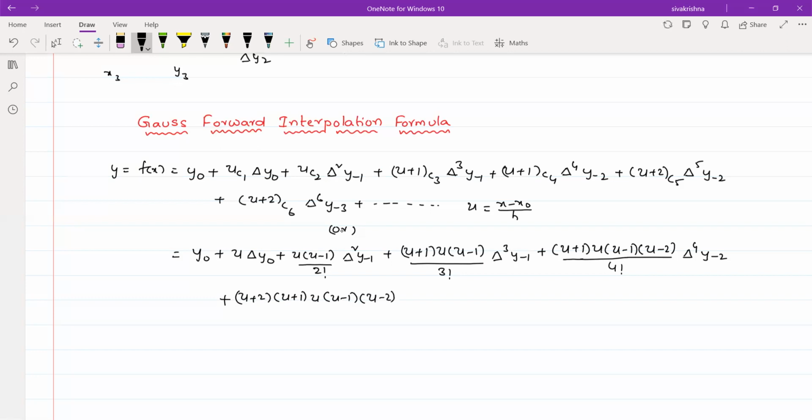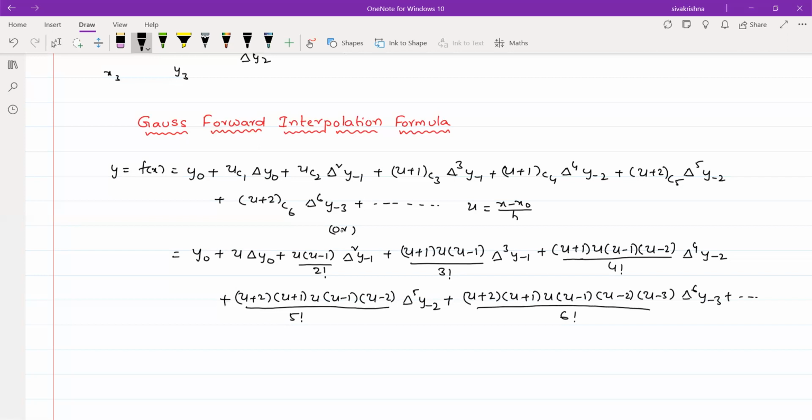We write these 5 factors by 5 factorial into delta power 5 y sub x minus 2, and finally (u plus 2)C6 means we have to write 6 factors: (u plus 2) into (u plus 1) into u into (u minus 1) into (u minus 2) into (u minus 3) by 6 factorial into delta power 6 y sub x minus 3, of course plus and so on.